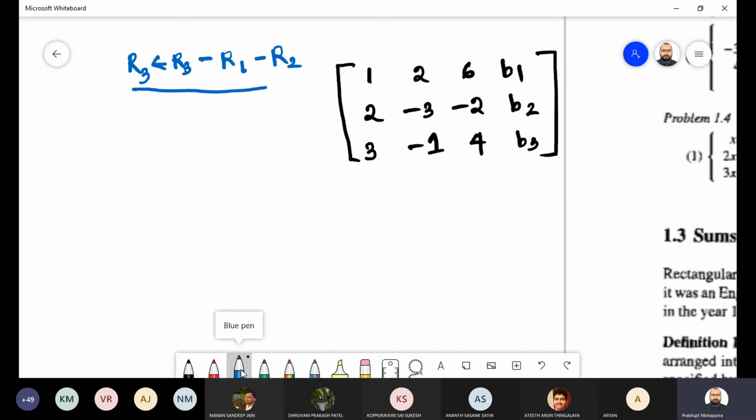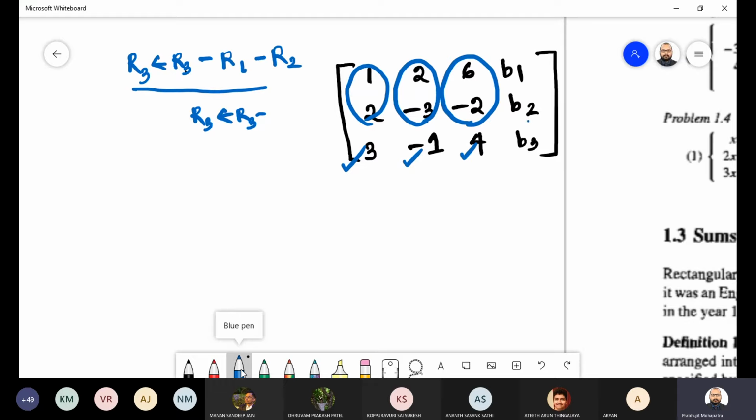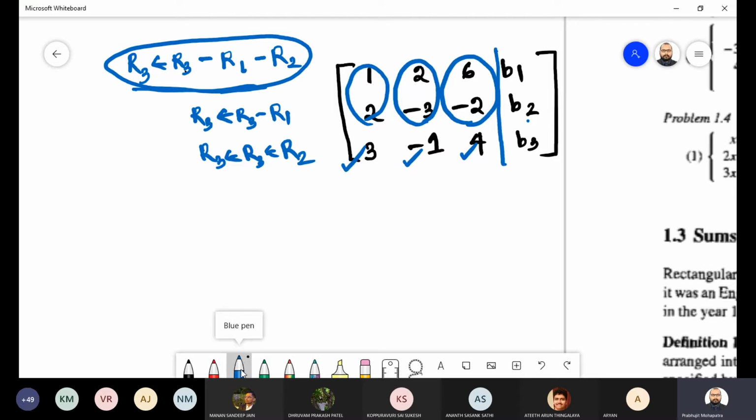The same thing: 2 plus 1 is 3, and minus 3 plus 2 is minus 1, 6 minus 2 is plus 4, and on the right hand side we need to do the adjustment. First you subtract row 1, then you subtract row 2 to make the last row 0. Otherwise you can do it simultaneously, directly. That depends on how convenient it is for you.